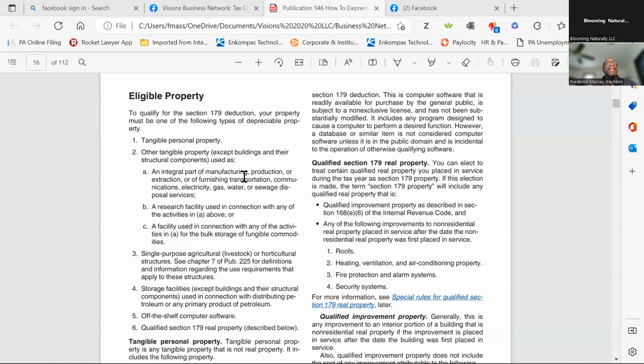So it's no longer an asset of the business. But we took $20,000 already as a depreciation. So what you have to do is take the difference.